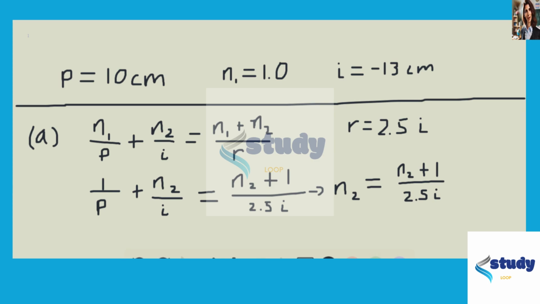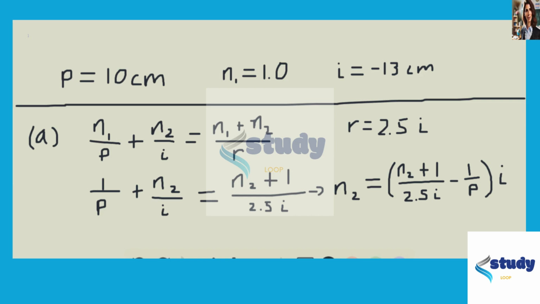which is equal to N2 plus 1 divided by 2.5 times I minus 1 over P, all multiplied by I, right? So we can further solve for N2.